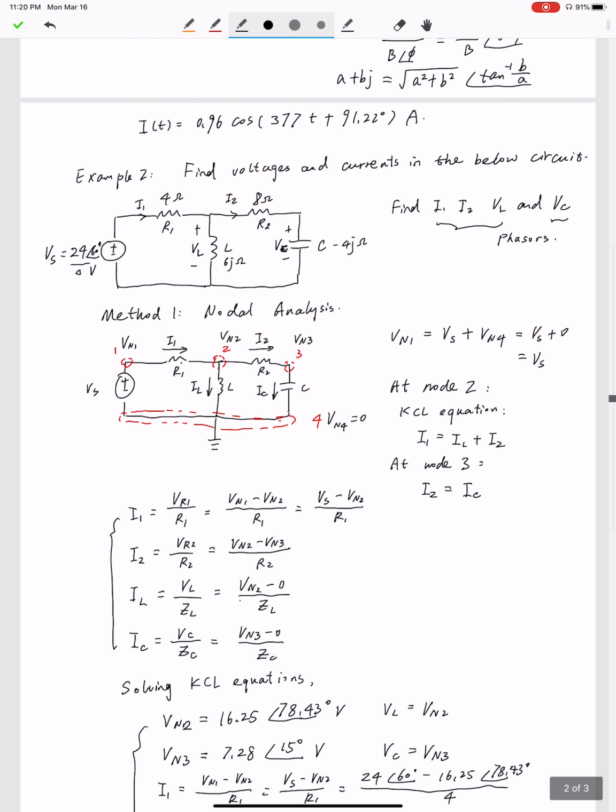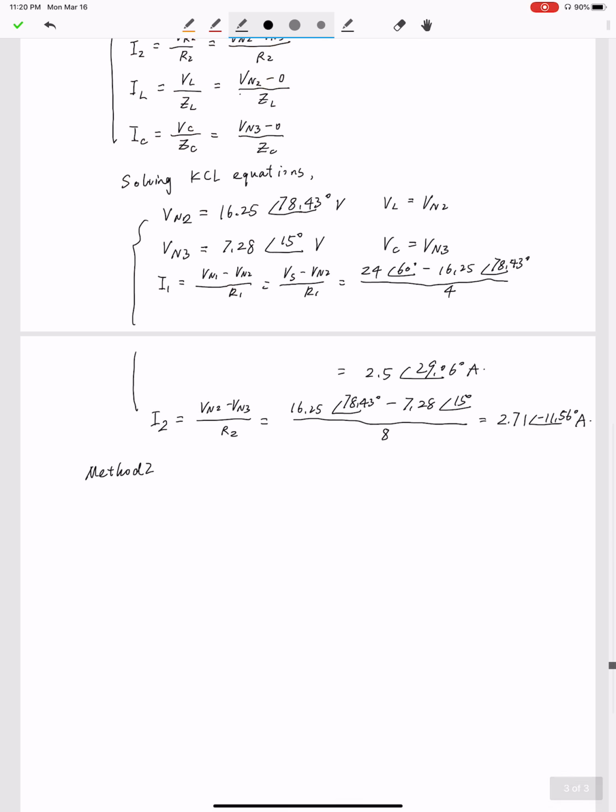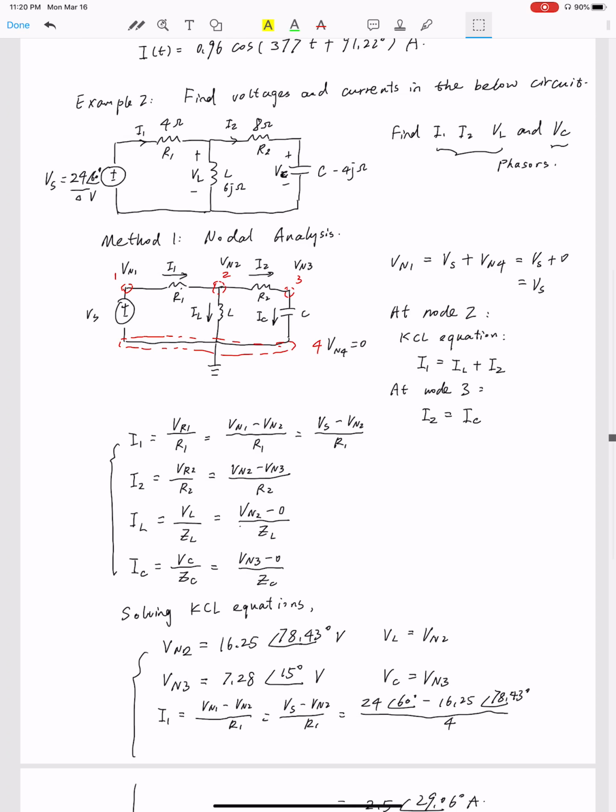Let me copy this diagram first. Okay. Alright, this is slide 2.